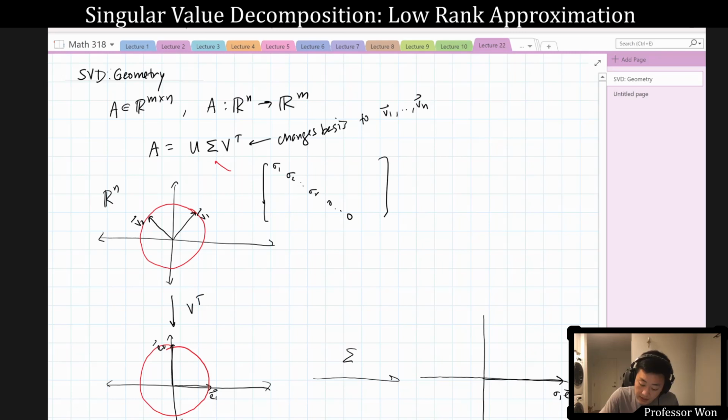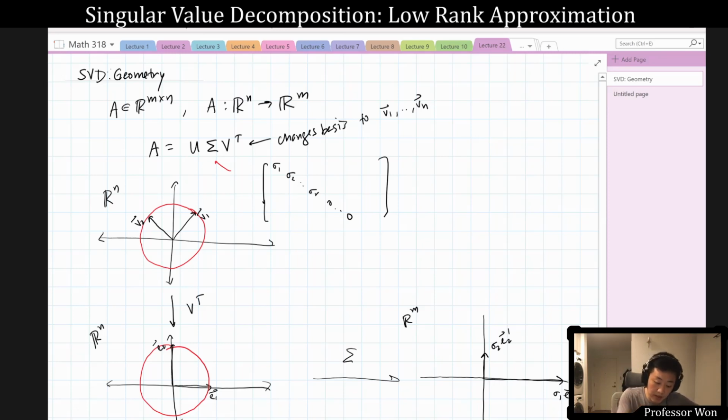So let's just draw it like this. Because these sigmas are in decreasing order, we know that as you go E1, E2, E3, E4, they'll shrink. And note that this side is in Rn, but this side is in Rm, so let me use a different notation because these are different basis vectors.